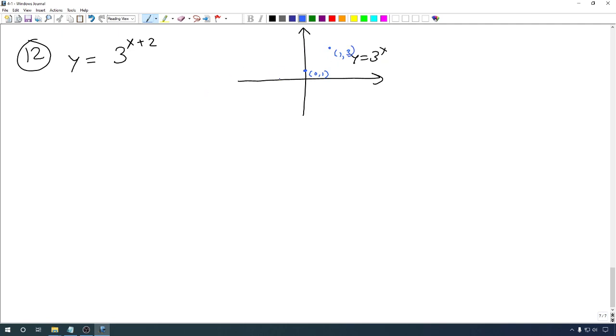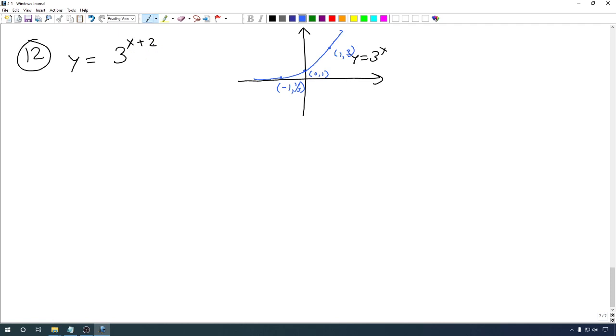You can even go the other way if you want to. At negative 1, we get the point (-1, 1/3). But the point here is that our graph doesn't cross the x-axis, and looks something like that. Now that is the graph of y equals 3 to the x power.